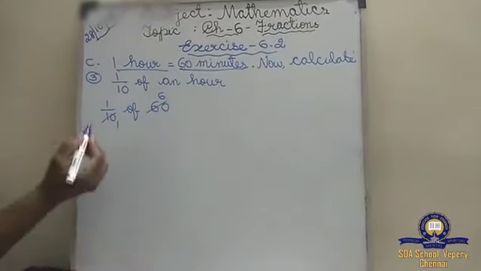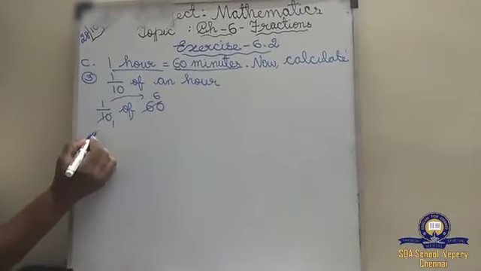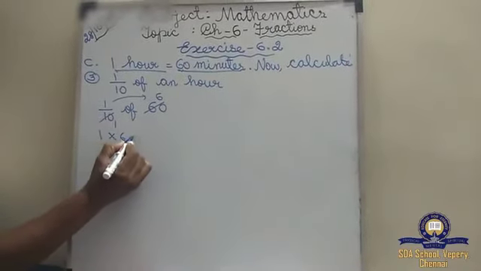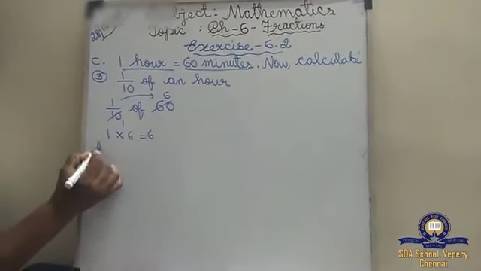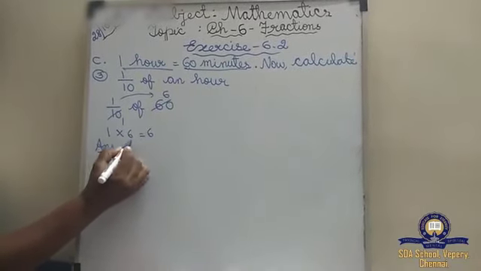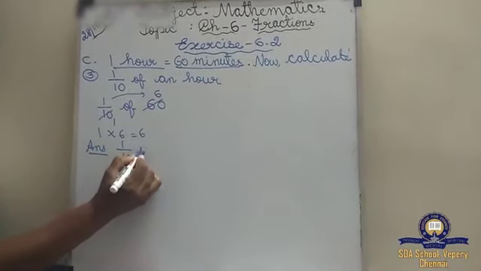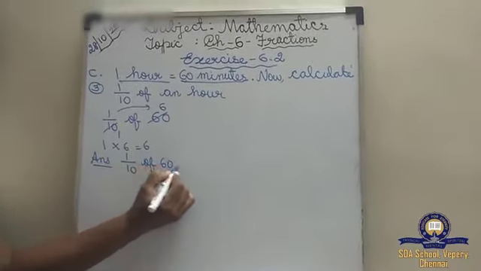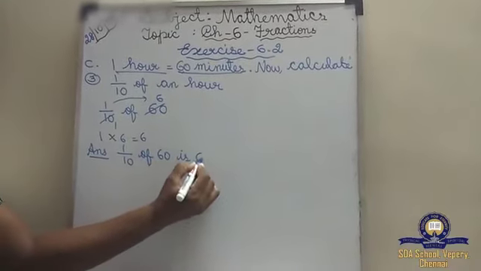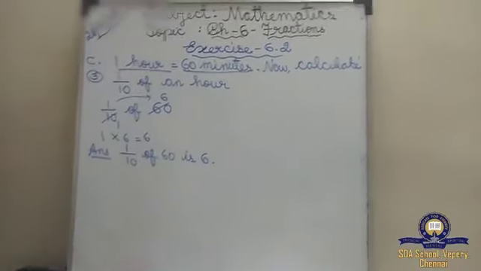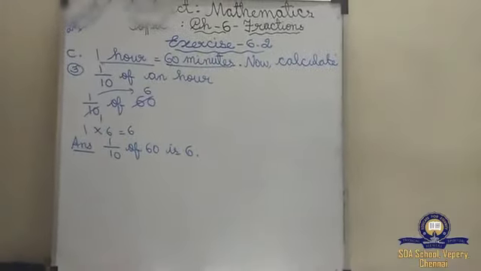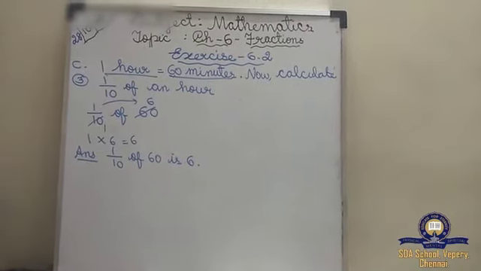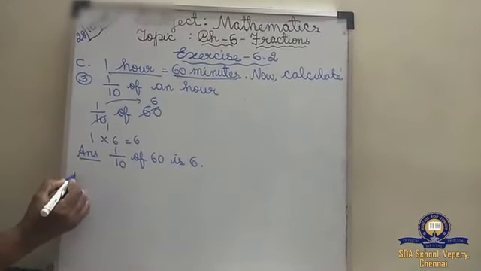So you have to multiply these two. 1 6 is 6. So what's the answer? 1 by 10 of 60 is 6. Okay. One more sum we will do.